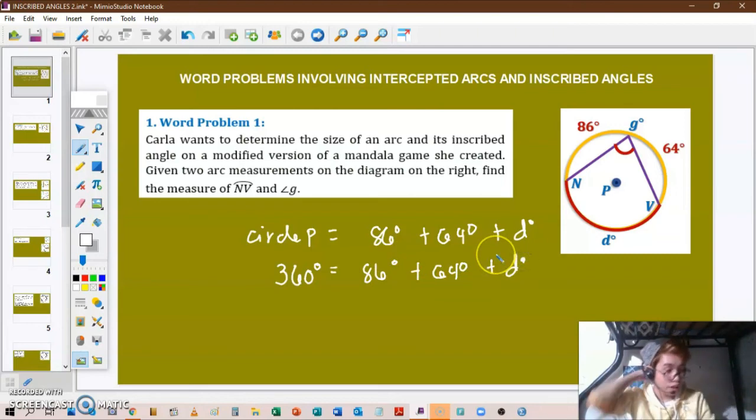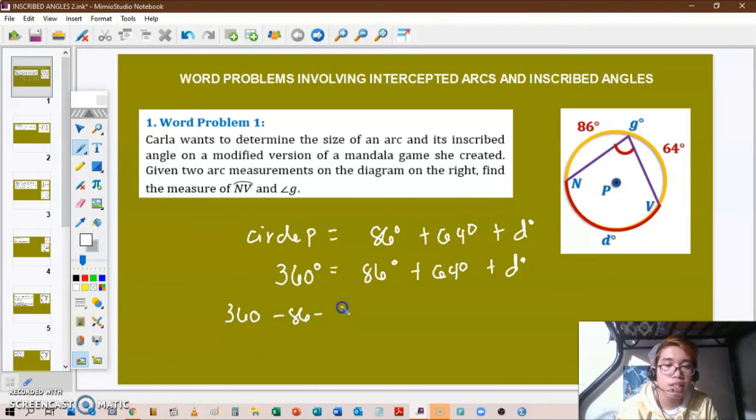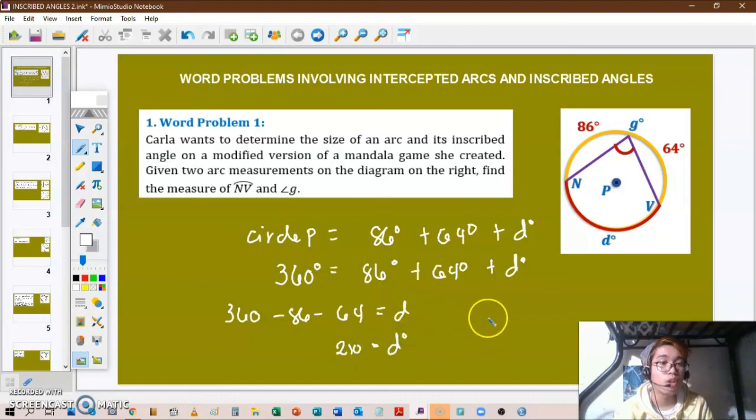We don't know the value of D, so to solve for it we use the transitive property of equality. 360 minus 86 minus 64 is equal to D, which gives 210 degrees. So the value of D is 210 degrees.